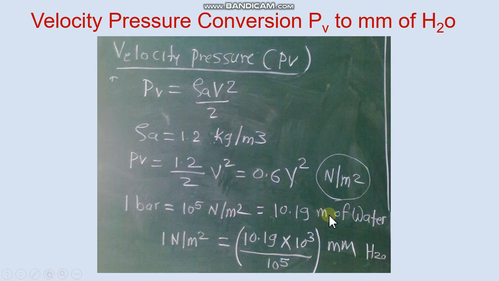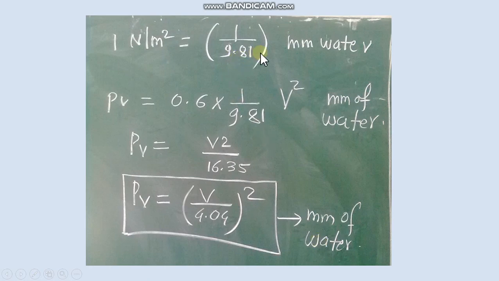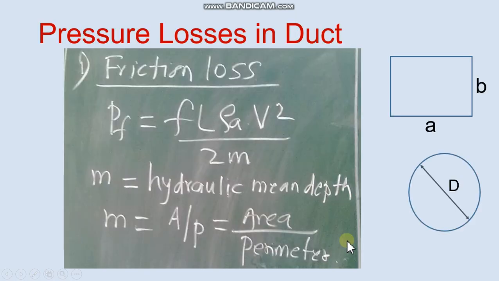By substituting this value, we get 1 Newton per meter square is equal to 1 upon 9.81 mm water. By putting this value, we get PV is equal to (V upon 4.04) whole square mm of water column.